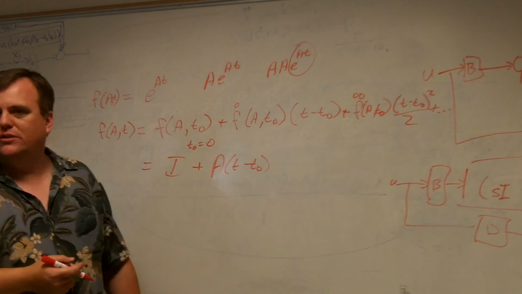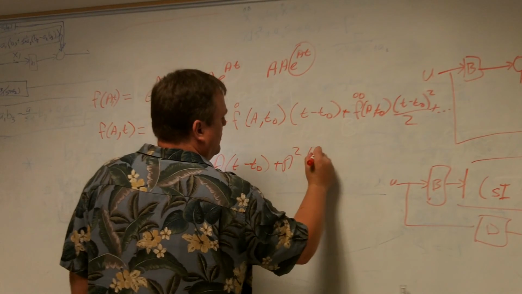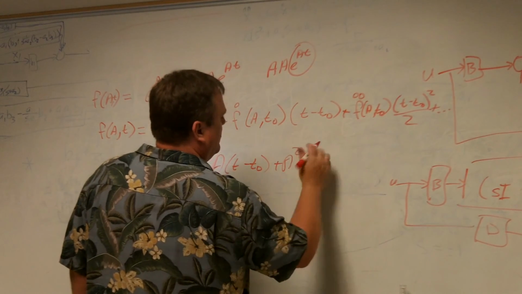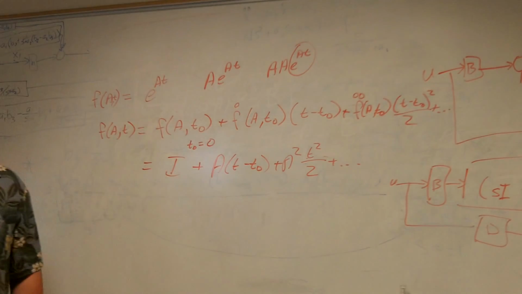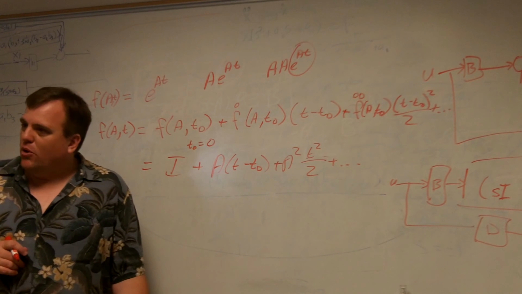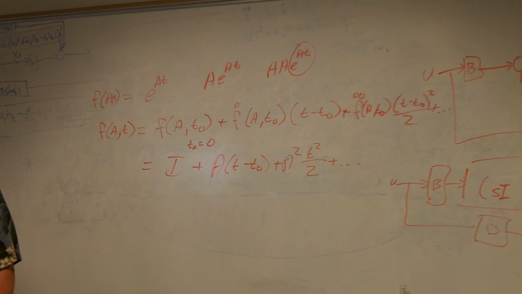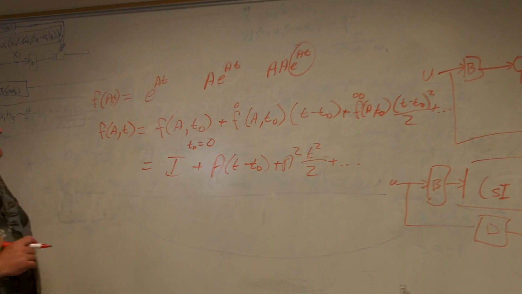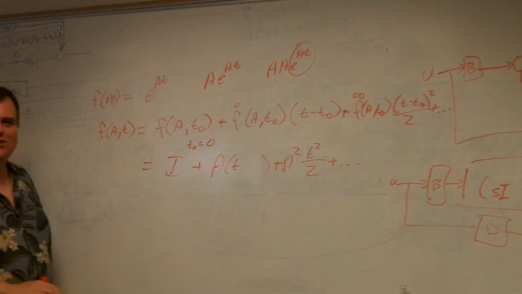A times A is A squared. t0 was 0, so I just have t squared over 2. I continue the pattern as it goes. Notice what ends up being nice? No longer do I have an exponent. Now I've got a polynomial expression. That's not too bad. Actually, it's even nicer because I said t0 equals 0, so that should just be At.